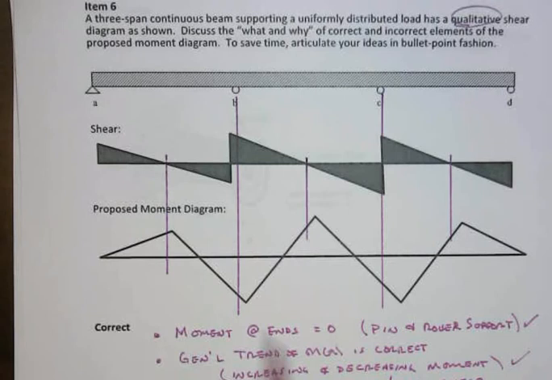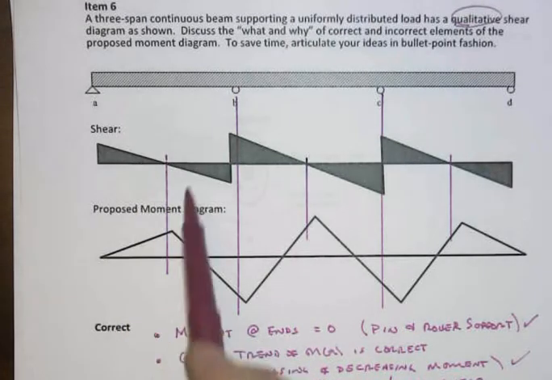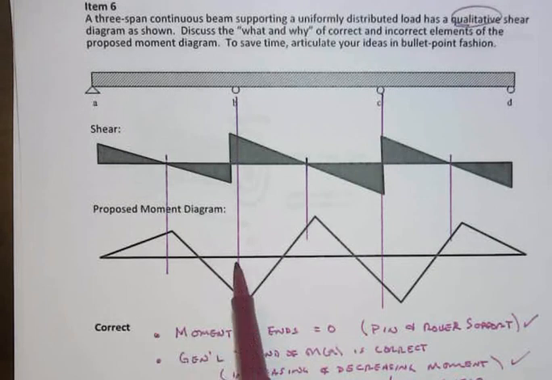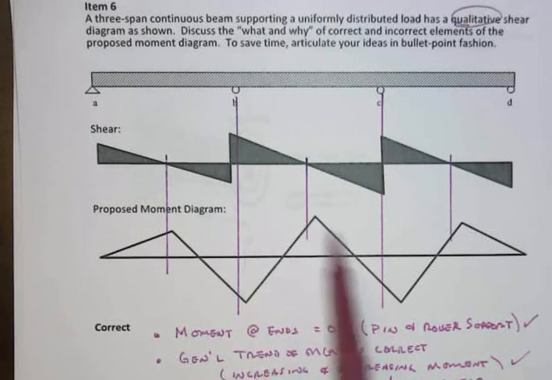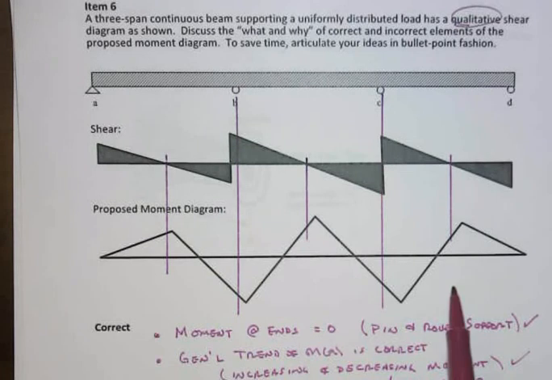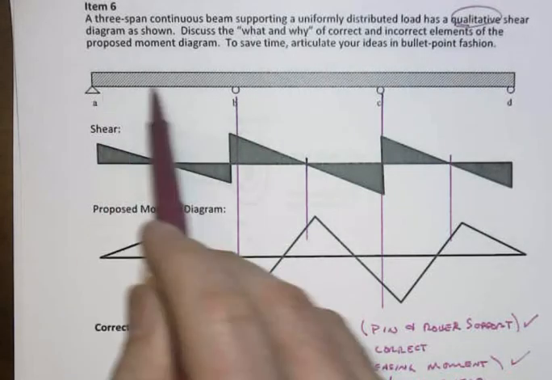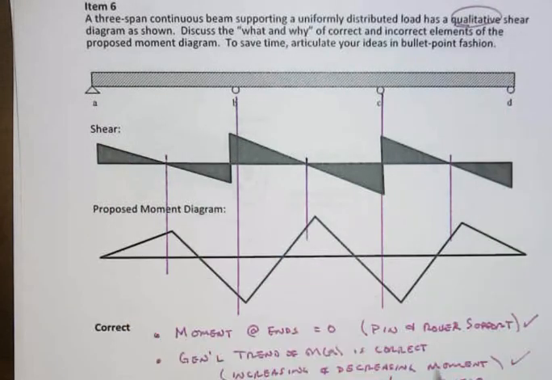And so it's not really quite true to say that if the shear diagram was correct, that therefore we'd have a moment diagram that was nothing but on the positive side. And in fact, the moment diagram that is shown here is far closer to the overall absolute values of the internal bending moments in the span that is supporting load, as we've got shown here. Then it's closer to being correct than it is to being wrong.